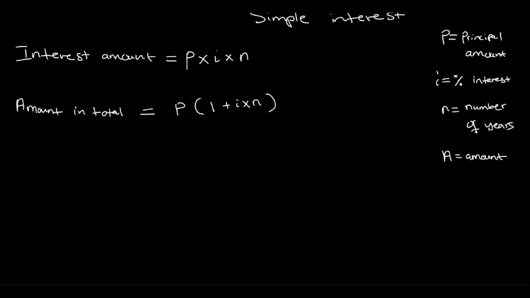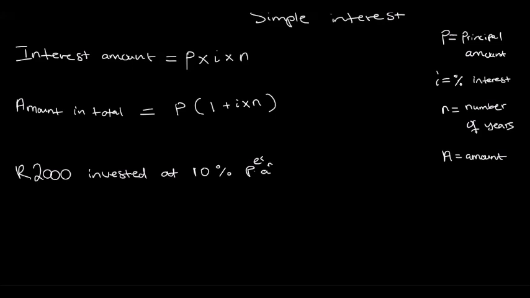Now I'm going to show you, let's say you took 2,000 rands and invested it, and they gave you that your interest is 10% per annum. Per annum means per year.